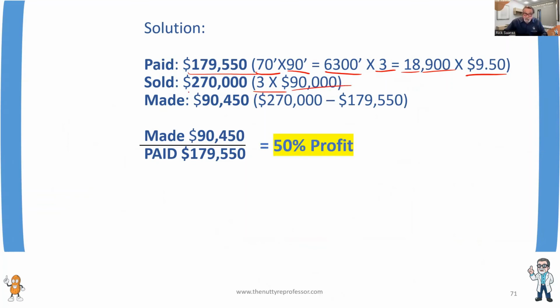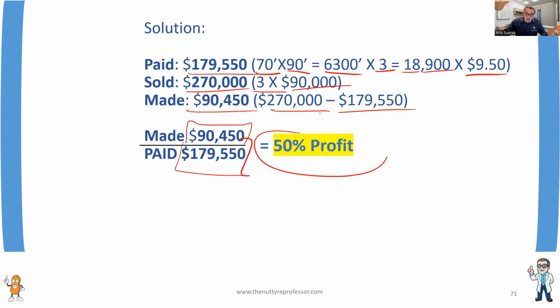There were 3 lots. He made 270,000. You take 270,000 minus 179,550. The profit is 90,450. You take the made, which is the profit, right? And you divide it by how much he paid. He made a 50% profit. In my book, that's a great investment.